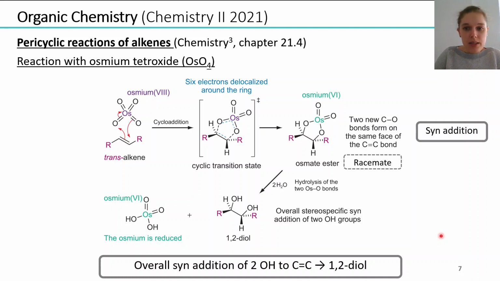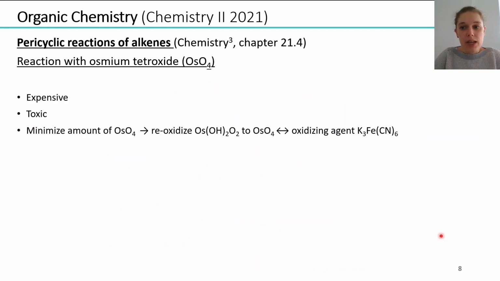And in principle, we now have a good way to synthesize syn 1,2-diols, but the problem is that osmium tetroxide is not only expensive, but also toxic. Hence, it is required that we minimize the amount of osmium tetroxide. And to achieve this, there are usually oxidizing agents added to this reaction.